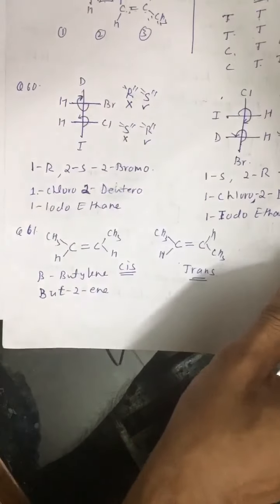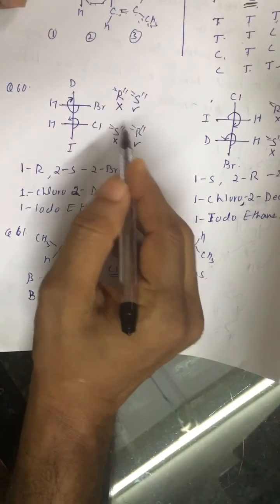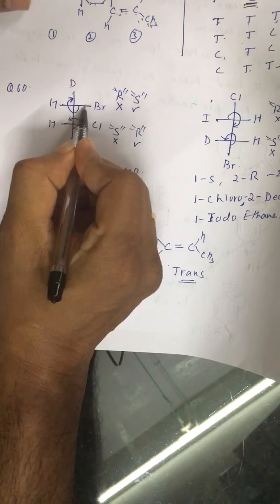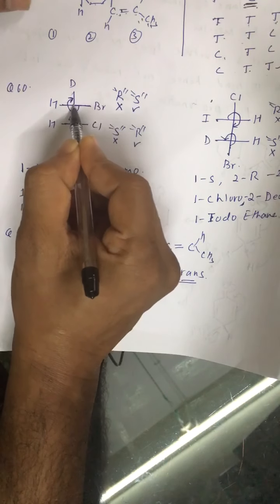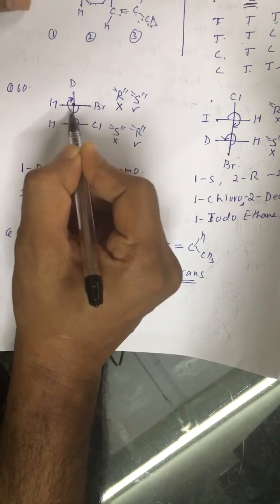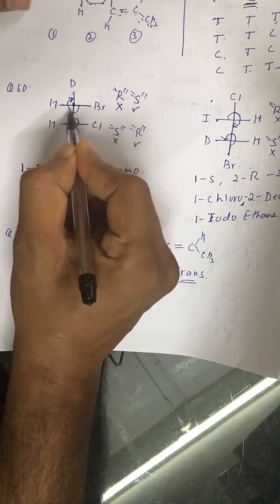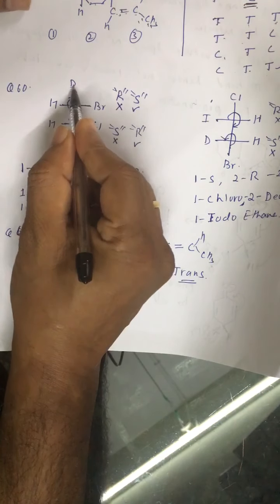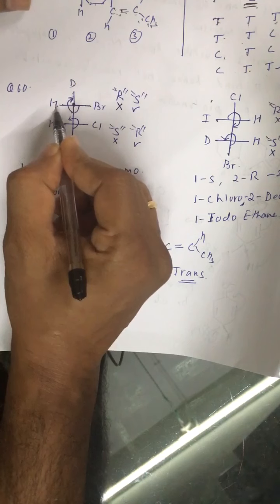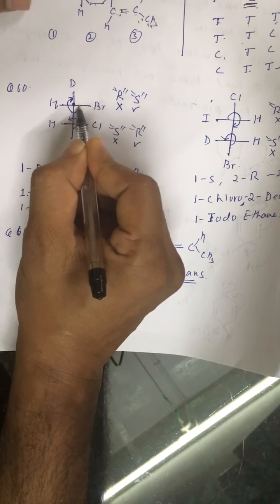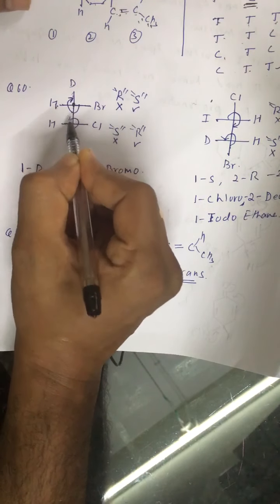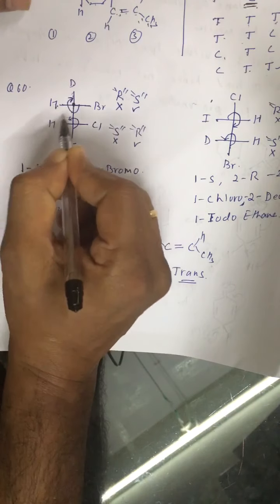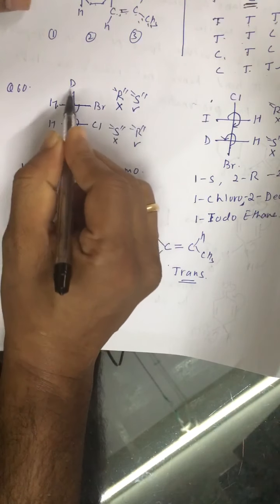See, look at this structure. This is the seniormost group, bromine. Then we are concentrating on this carbon atom. 1 to 2 to 3, meaning deuterium is senior to hydrogen. Hydrogen is the juniormost group. So we are moving from 1 to 2, 2 means this whole group, and then 3.